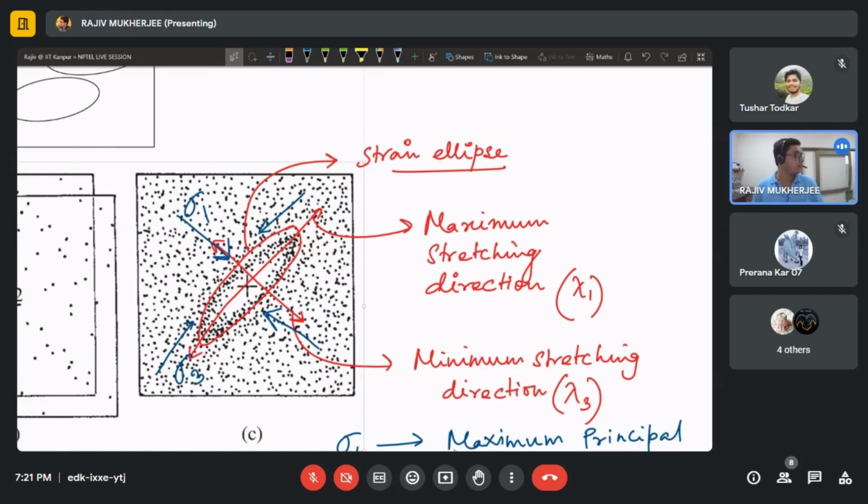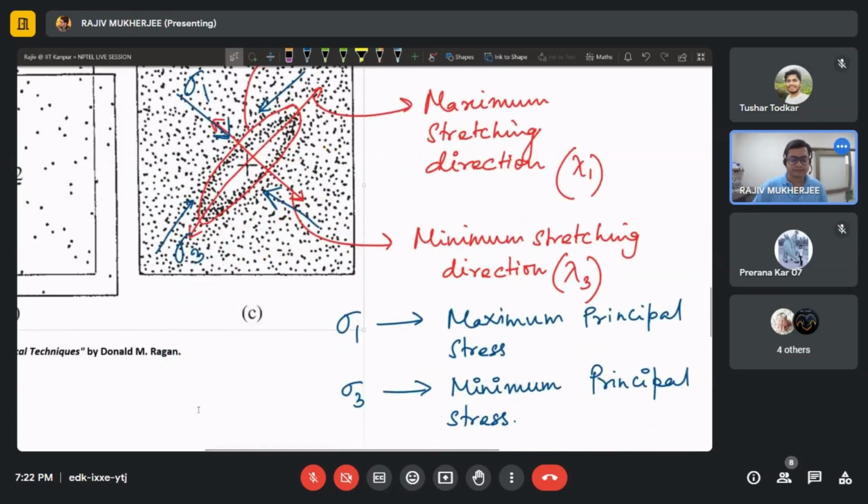And from that we can not only estimate the directions of lambda 1 and lambda 3, that are the maximum and minimum stretching directions, but if the north direction is known, or you have the attitude of the plane along which we are measuring, then eventually you can estimate the direction of maximum and minimum shortening, and eventually sigma 1, the maximum principal stress, and the minimum principal stress which acted on that particular area, right? So this was the center to center method.